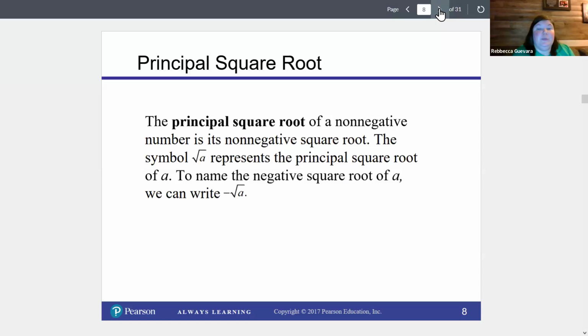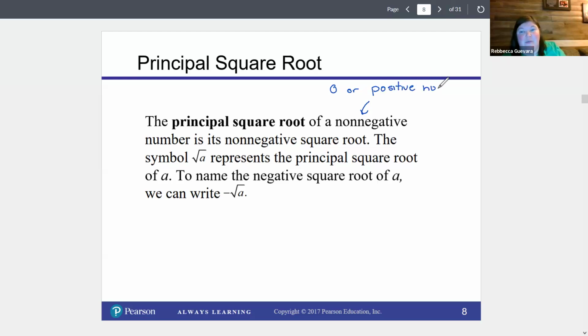All right, so the principal square root of a non-negative number is a non-negative square root. Meaning it can be 0, but it can't be negative. So it could be positive numbers or 0. That's all we mean by non-negative.